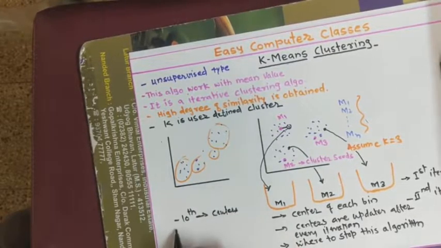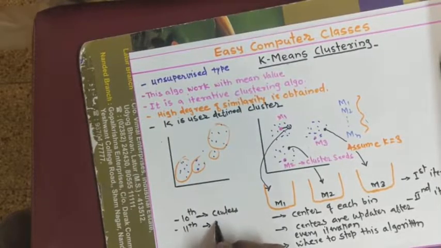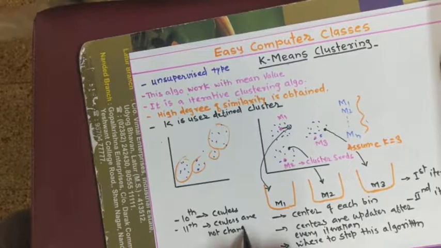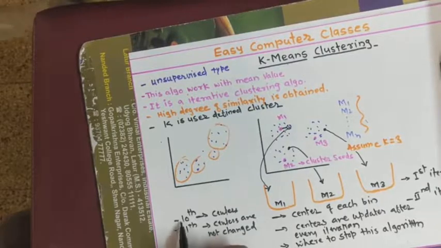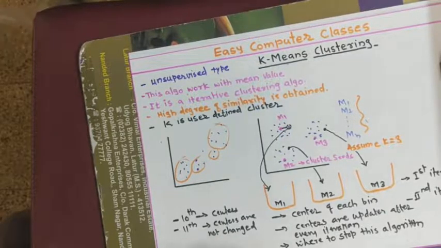In the 11th iteration, if the centers do not change, then in both the 10th and 11th iterations the centers are not changed.